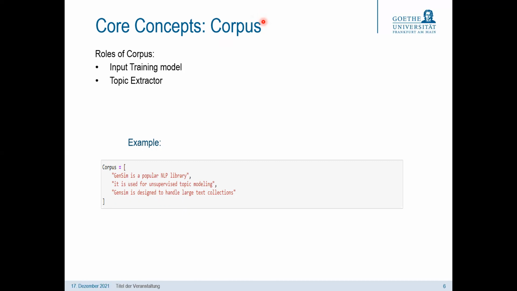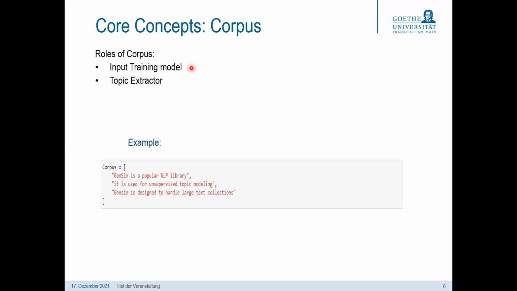The corpus in Gensim serves the following two roles. One of them is input training model. The other is topic extractor. How does it work as an input training model?